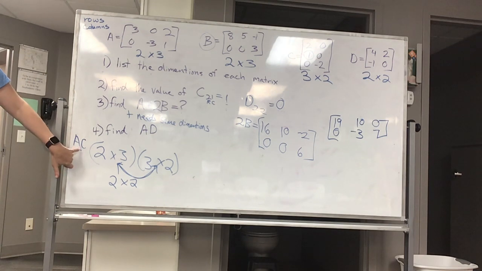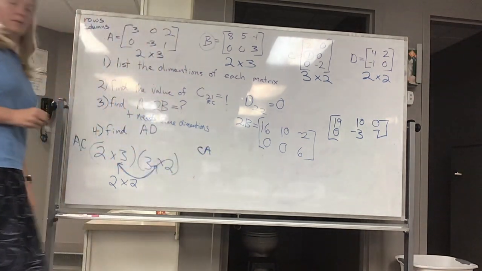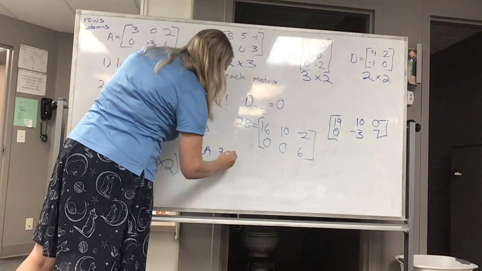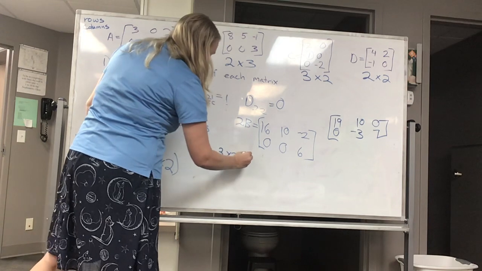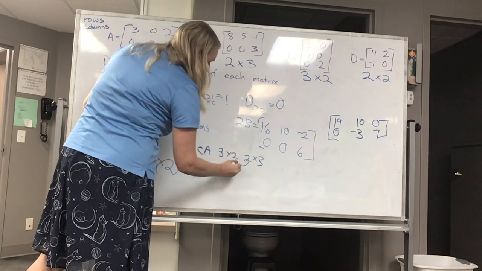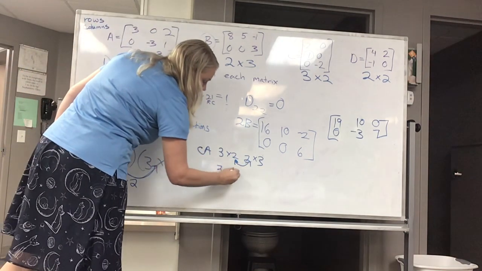Order makes a huge difference. We are so used to multiplication, you can just flip it around and it doesn't make a difference. In matrices, it makes a huge difference. Because if I put C times A, C is a 3 by 2, and A is a 2 by 3. The insides are the same, so it is possible, but my final answer is going to be 3 by 3.